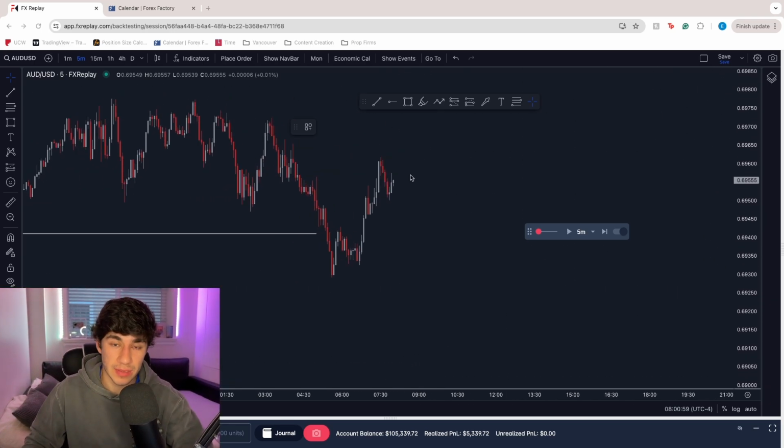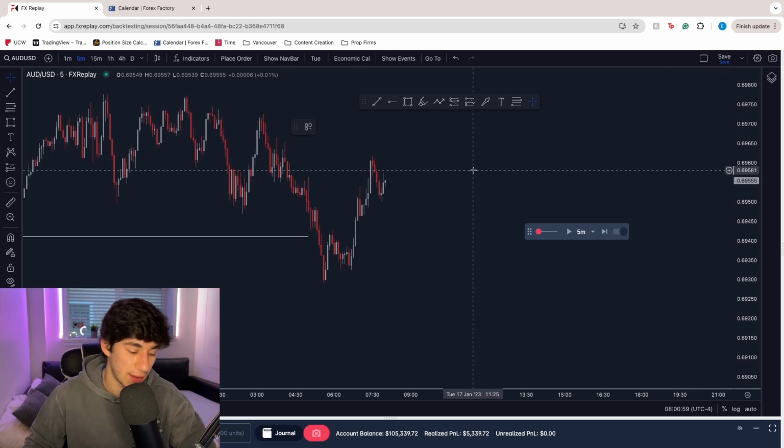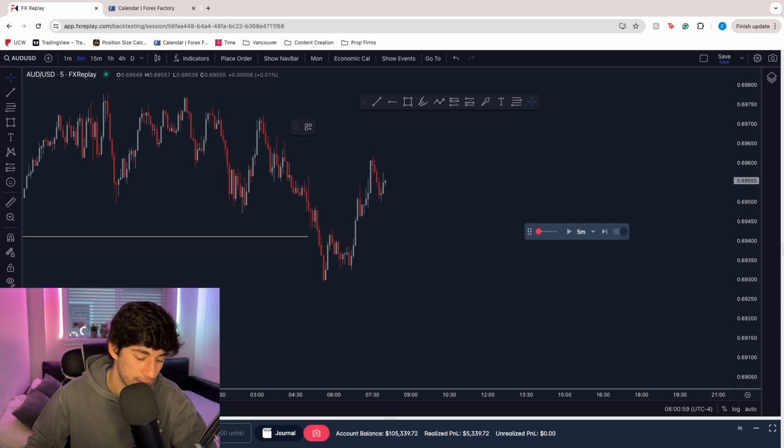Yo guys, I don't know what happened with my computer. It's basically almost to explode, saying overload, something like that, and it's lagging.